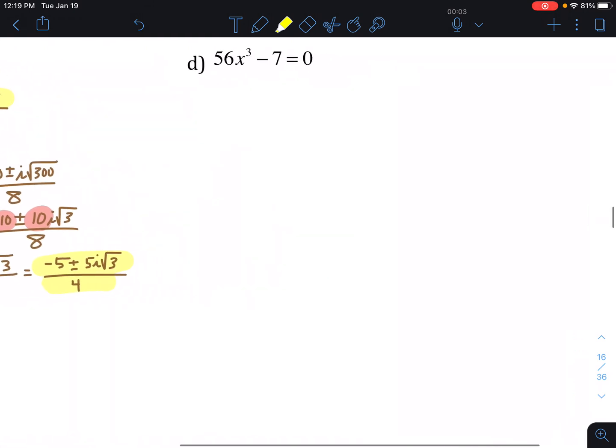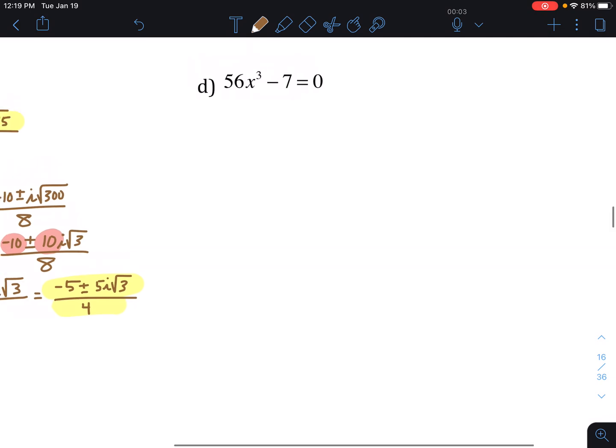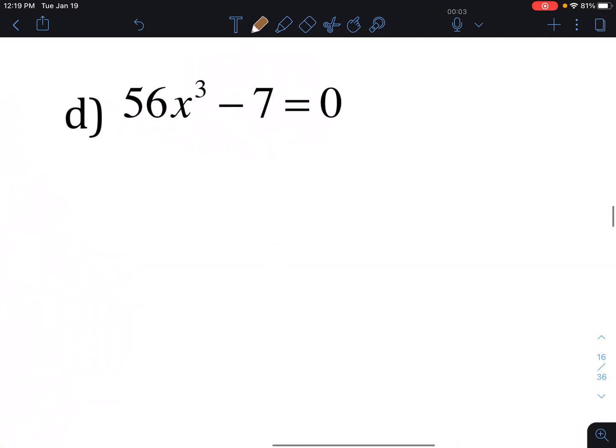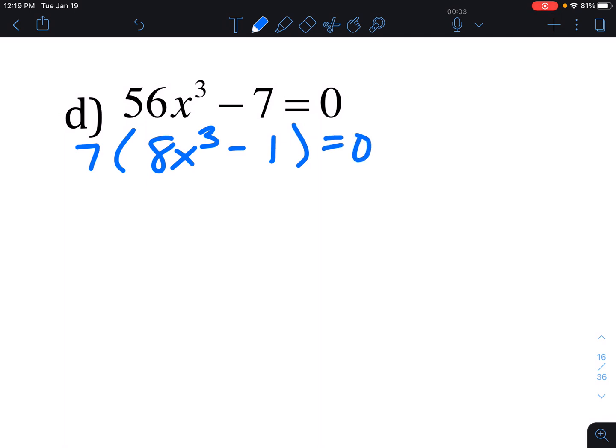And last one. Definitely not a perfect cubes. I noticed a GCF first of 7. Divide by 7 to have 8x cubed minus 1. The 7 is not going to help us get an answer because it does not have an x with it, so we might as well cross it off.